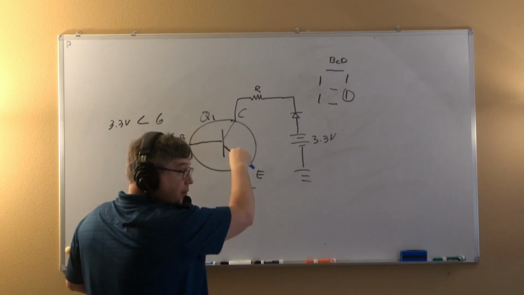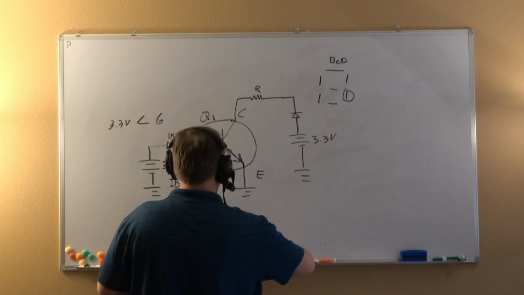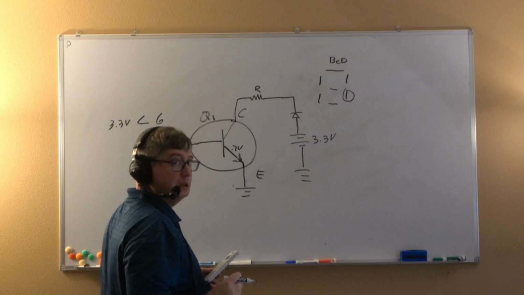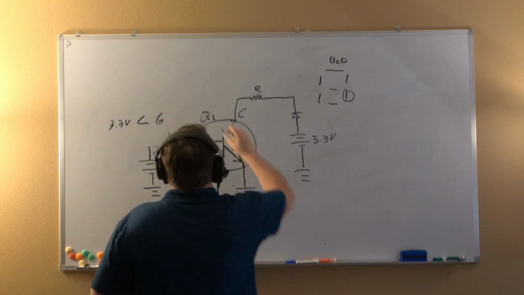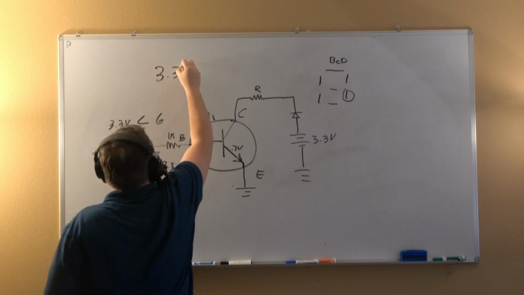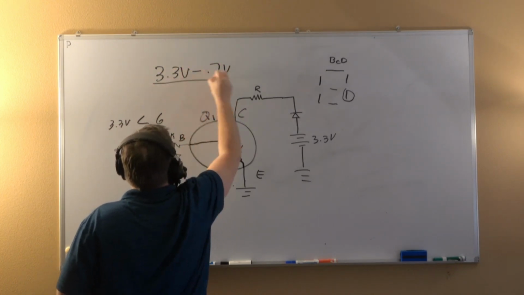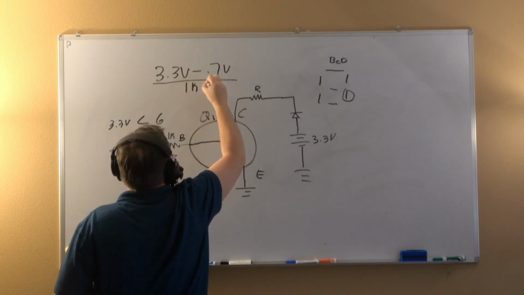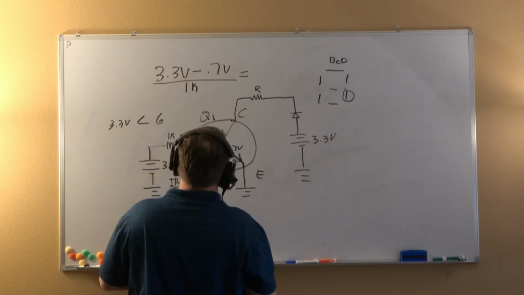This usually has a 0.7 volt drop, generically. So it's going to be 3.3 volts minus 0.7 volts over our 1K, which is an R. K means 1,000.